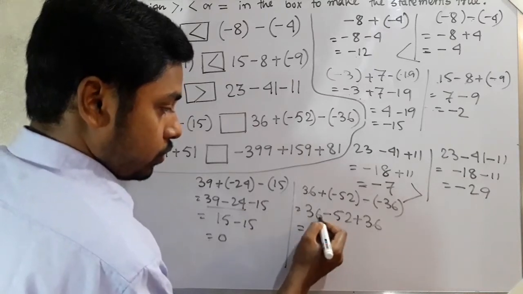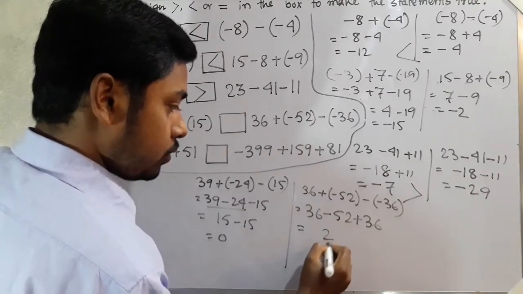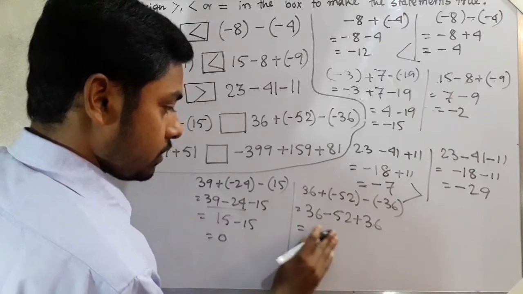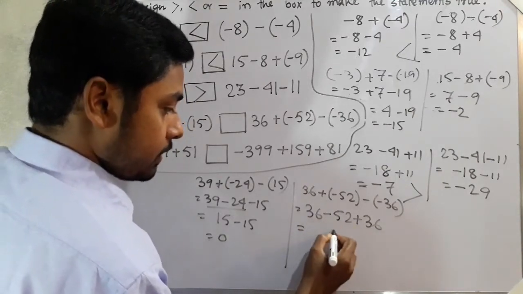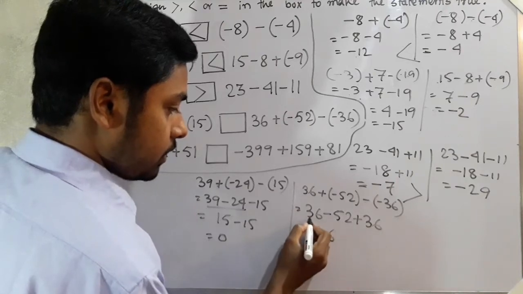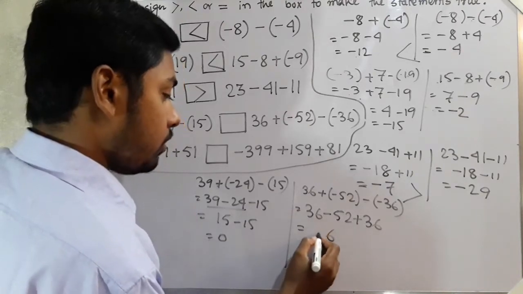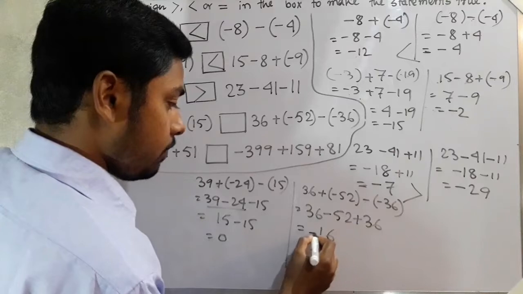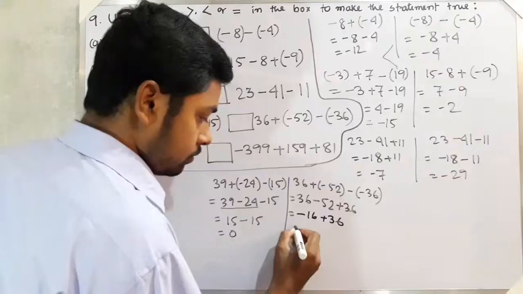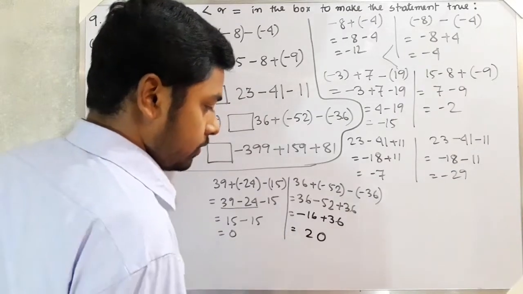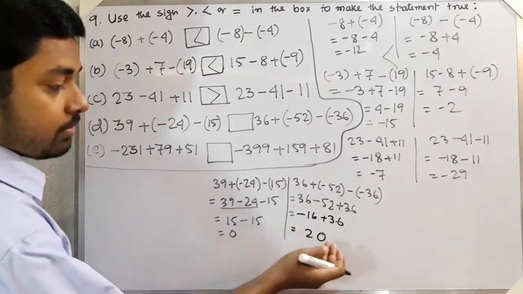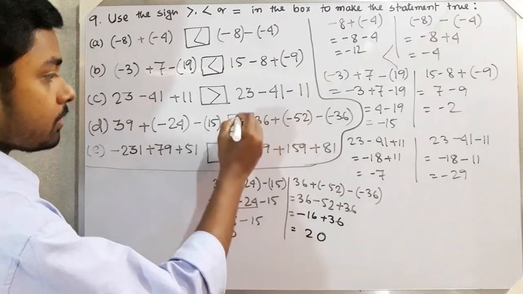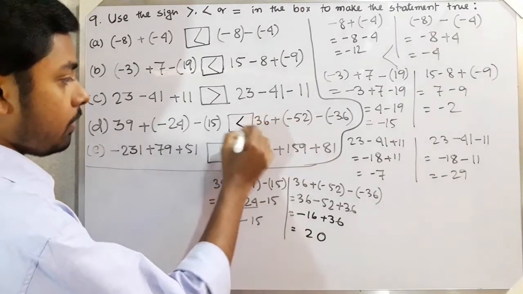So 52 minus 36 means 16, so minus 16 plus 36 is 20. Now 0 is less than 20, so this one is less than.